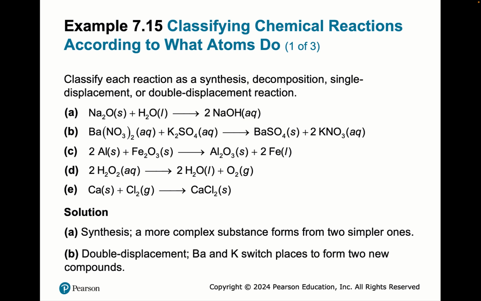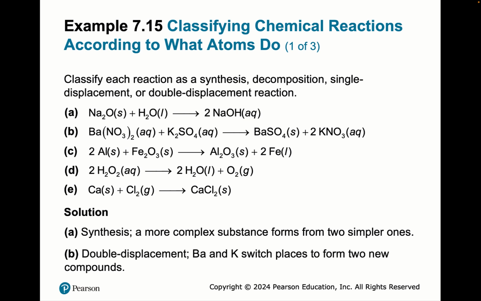You can call it a precipitation reaction, but the type of reaction is double replacement. So 2 things are replacing each other. Aluminum reacting with rust to form aluminum oxide, sapphire, and liquid iron. This is known as a thermite reaction, and it's an oxidation reduction reaction.